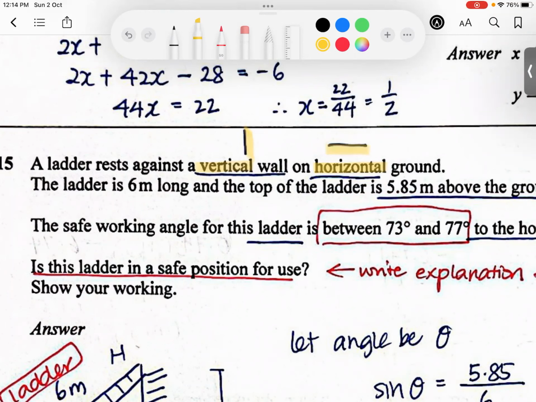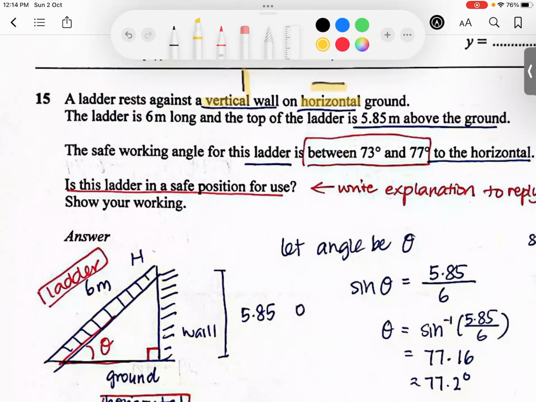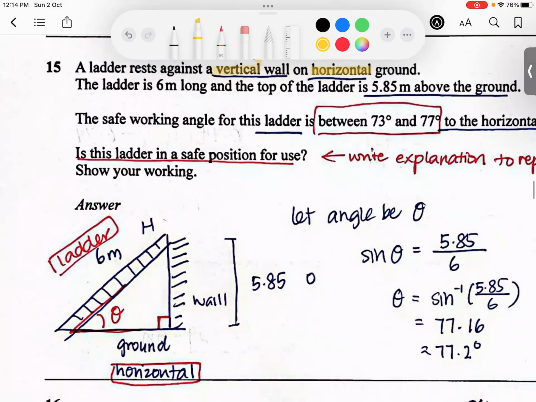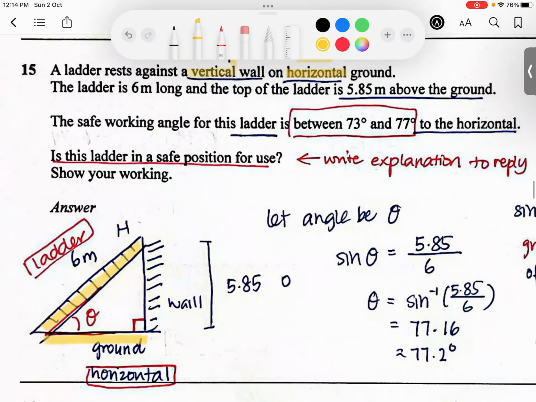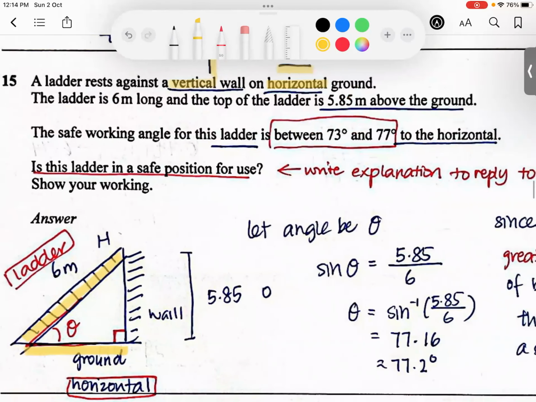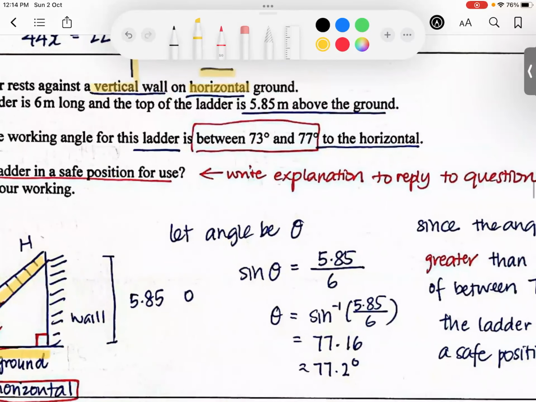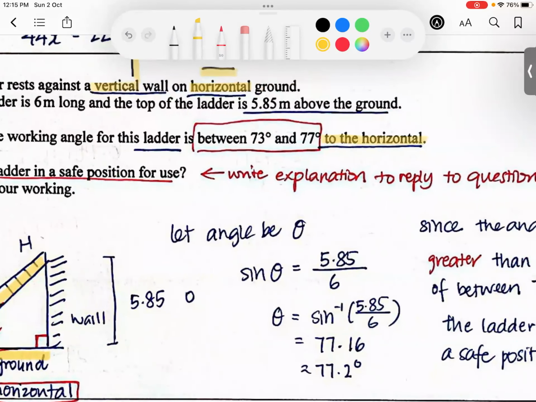Okay, so the ladder, where's the ladder? This is my ladder. It rests against a vertical wall on the horizontal ground. The question says the safe angle for walking this ladder is between 73 and 77 degrees to the horizontal.